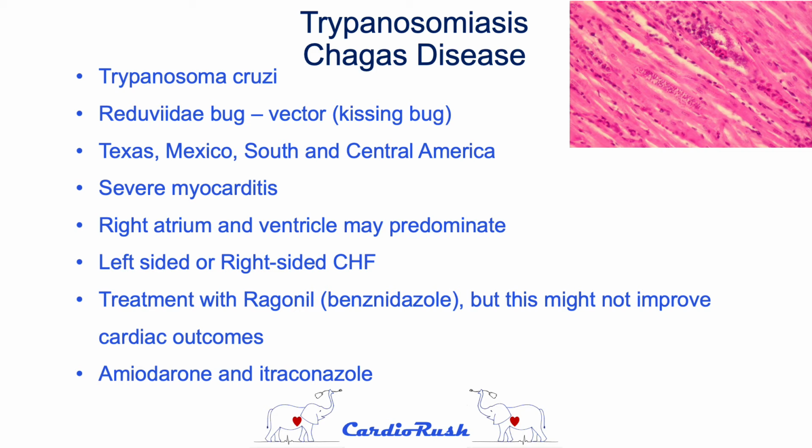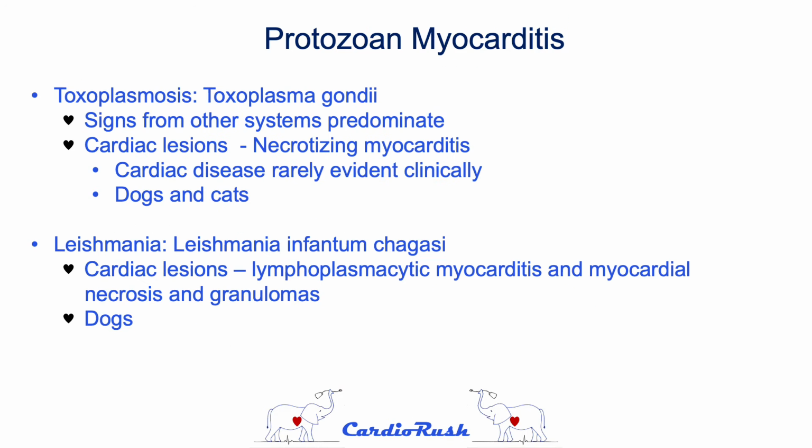So another example of myocarditis. Other protozoal myocarditis might include toxoplasmosis, which is one of the potential forms of myocarditis that's been proposed in cats. In most cases, other systems tend to predominate with toxoplasmosis, the GI tract or the eyes or the central nervous system. But cardiac lesions can develop as a necrotizing myocarditis.